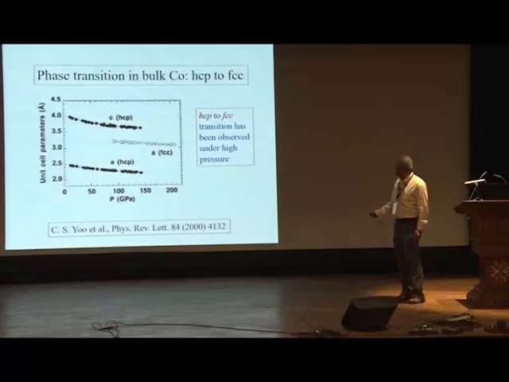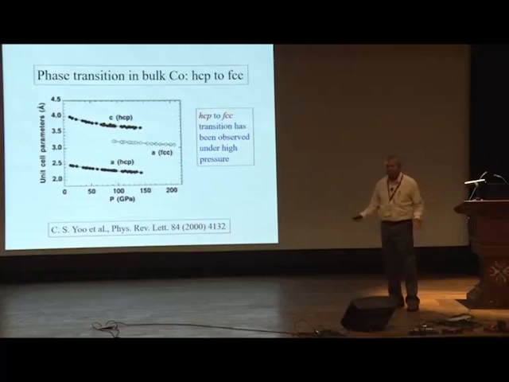This is one of the high pressure experiments, showing the c and a lattice parameters of HCP, hexagonal close pack. Normal cobalt has the hexagonal close pack structure, and it's ferromagnetic, as we all know. But around 100 GPa, there is a transition to FCC, face-centered cubic structure.